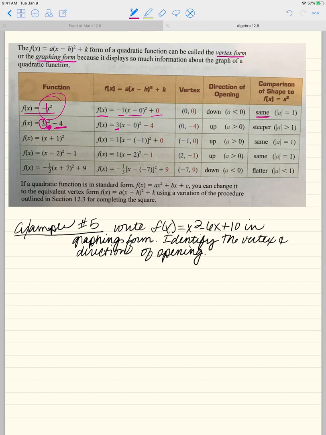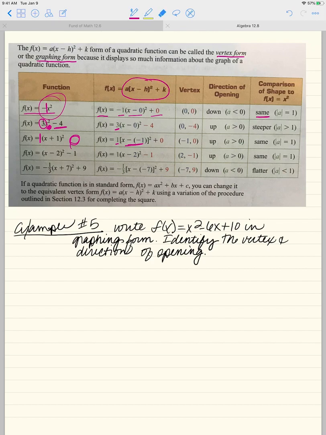f of x is equal to x plus 1 squared, okay? So a in this case is 1 and k is 0. There's nothing over here, right? So that's just 0. So when we put that in vertex or graphing form, that's f of x is equal to 1, there's a, times x, and we write x minus h, the standard form.